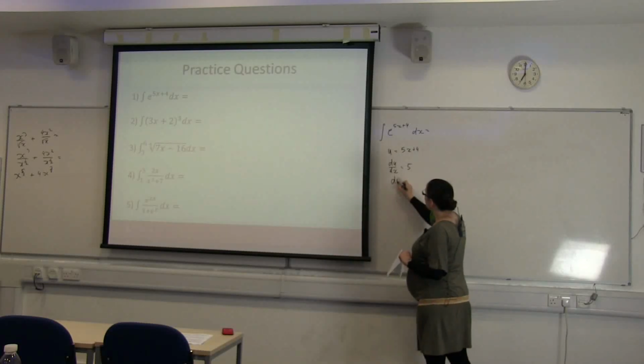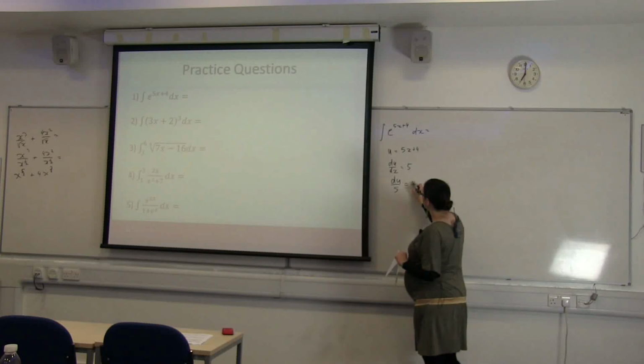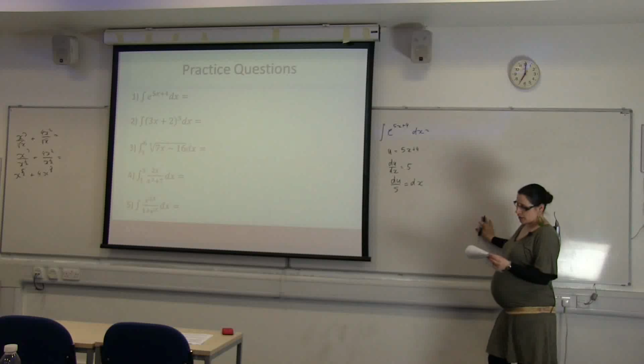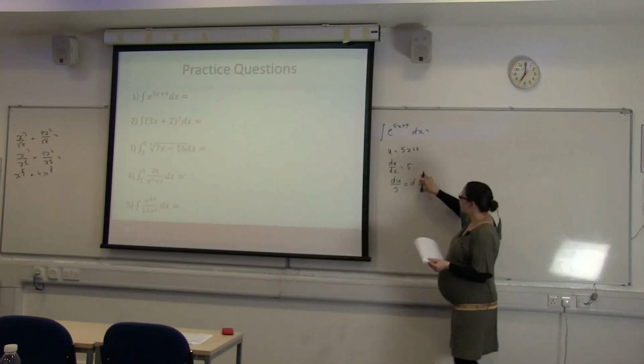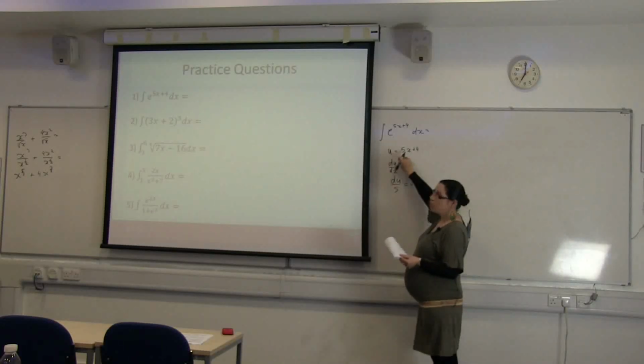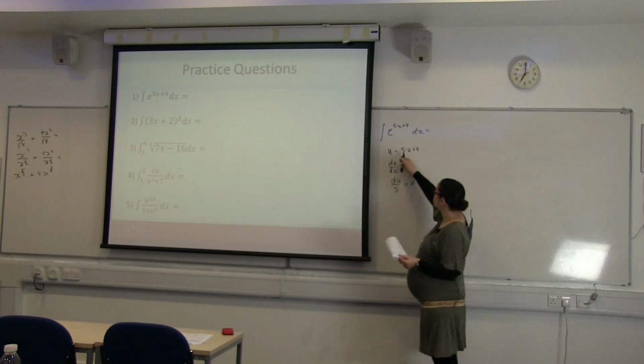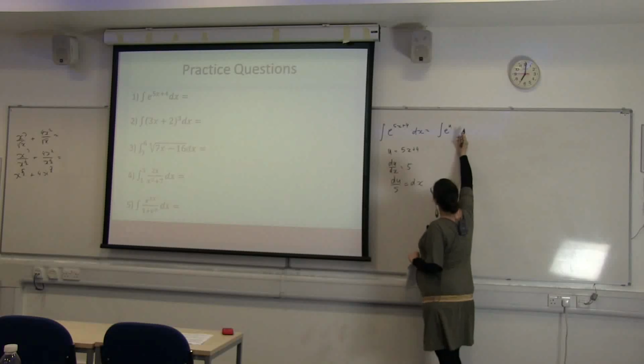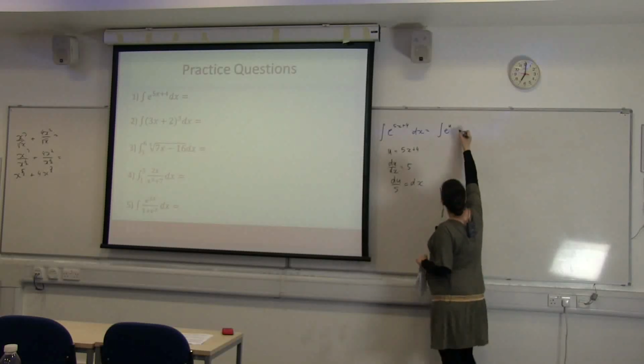So I could say du over 5 is equal to dx, and I can now substitute the dx as well as the u into the function. So now I can write this as e to the u, and dx is du over 5.